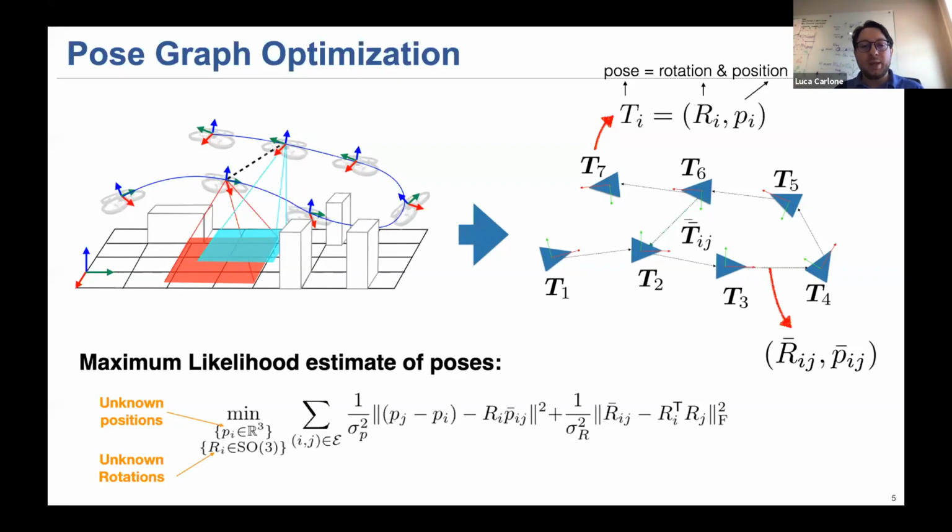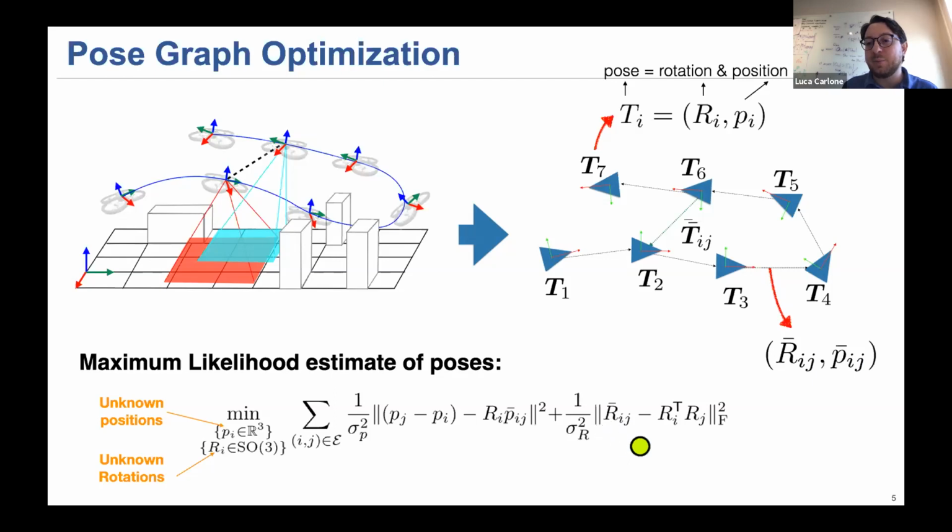And we are computing this position and rotation in a way that minimizes this cost. And the cost function at the high level is just penalizing the mismatch between the pose estimates and the corresponding measurements. So this is particularly easy to see in the second term here. You can see that we are trying to find the rotation at node i and j such that the relative rotation between i and j is as close as possible to the measurement R_ij bar.